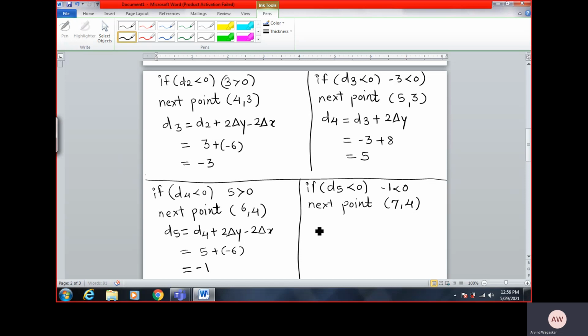Okay, and here you have to update the d, so d6 is equal to previous d plus twice delta y. So d5 was minus 1, twice delta y is 8, so 8 minus 1 is 7. Let's go for the next one.